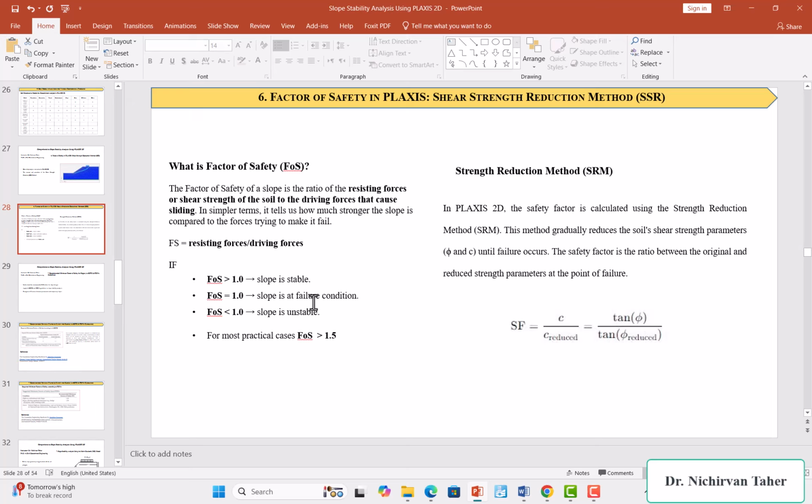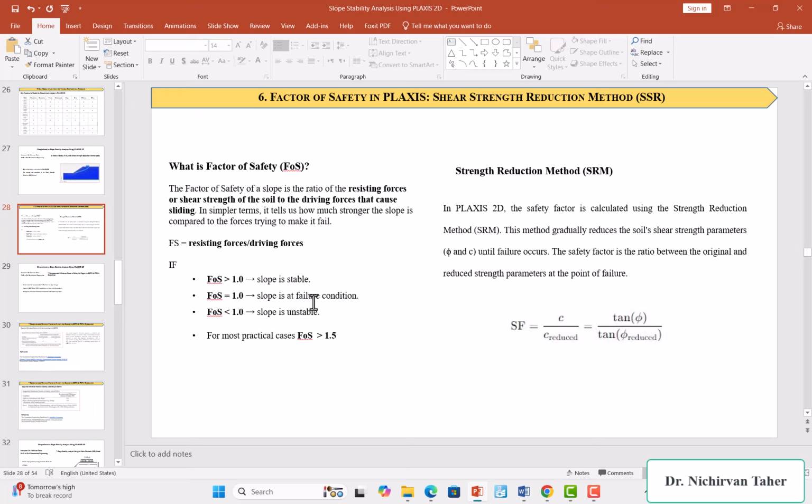However, PLAXIS is based on a method called the strength reduction method, and this is a different approach from the limit equilibrium method.